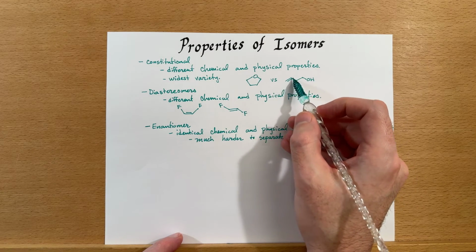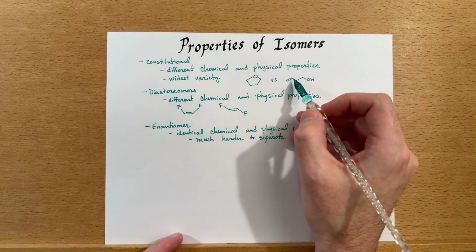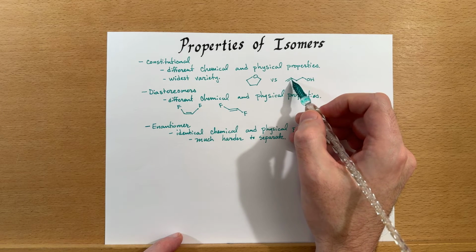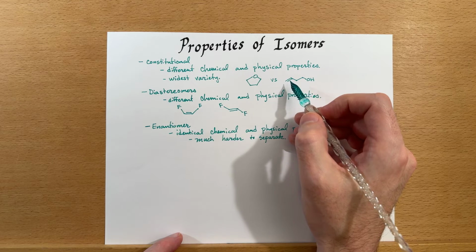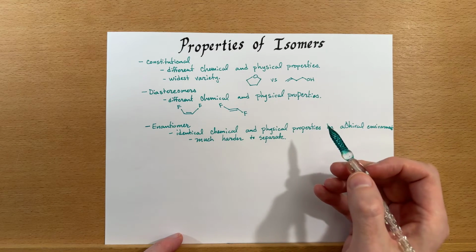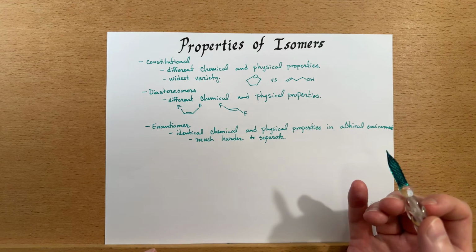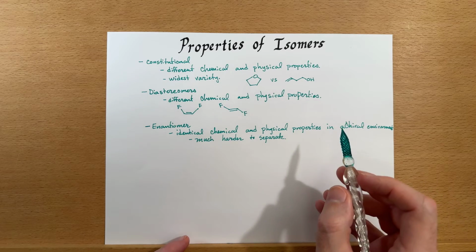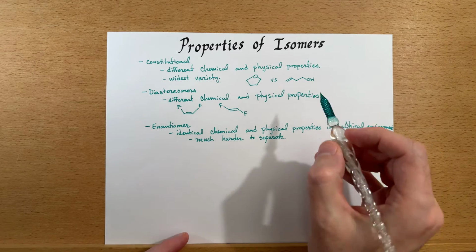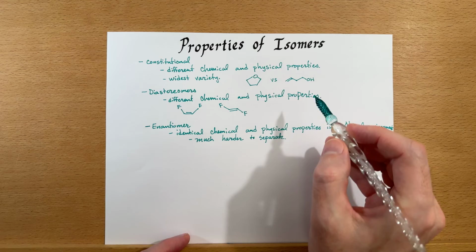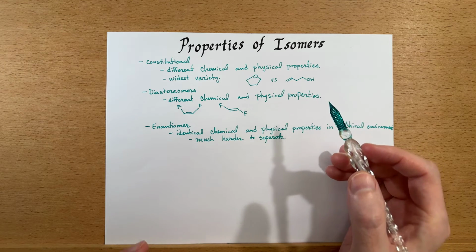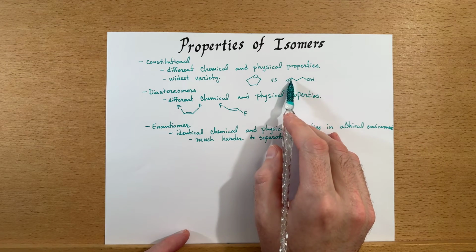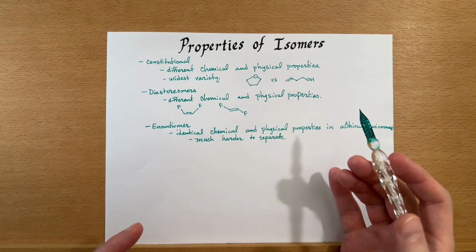If we added something over this double bond and it added to the second carbon here, some group, that would generate a chiral product. But which chiral product it would generate is dependent on which side it approaches. So if it approached from the top side, it would generate one enantiomer. If it approached from the back side, it would generate the other.